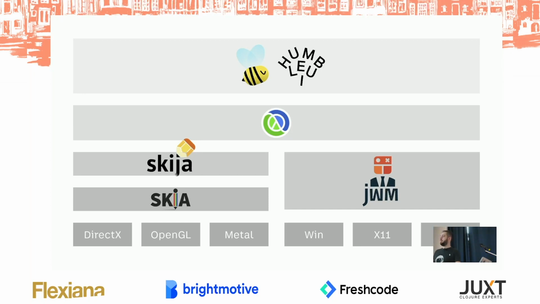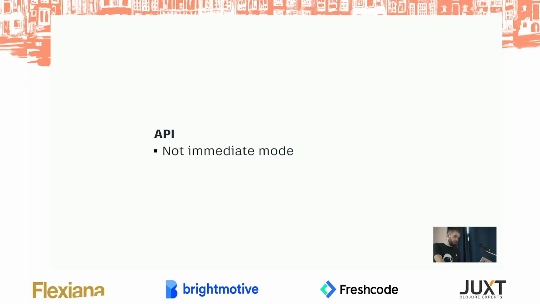Here there's operating system APIs, a compatibility layer between Windows, Linux, and Mac OS. These two are Java, and on top of that there is a Clojure API, and on top of that sits Humble UI, which uses all of that to bring you widgets, mouse events, and stuff like that. All the usual stuff.